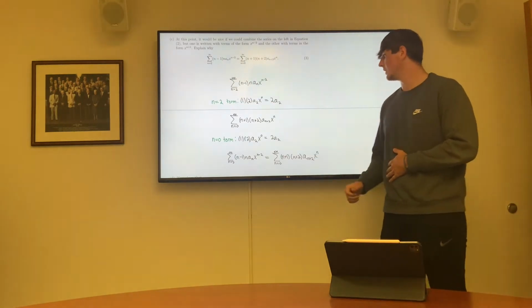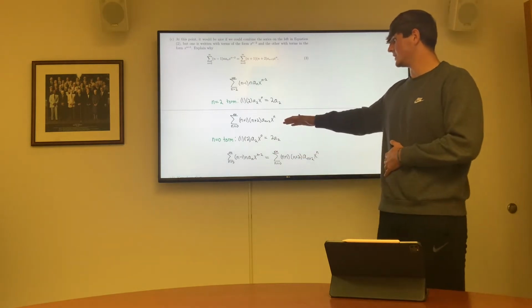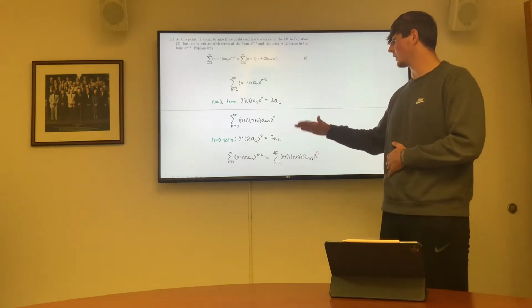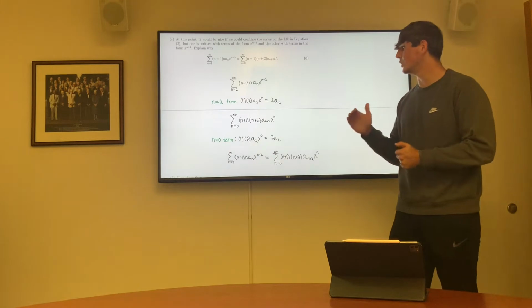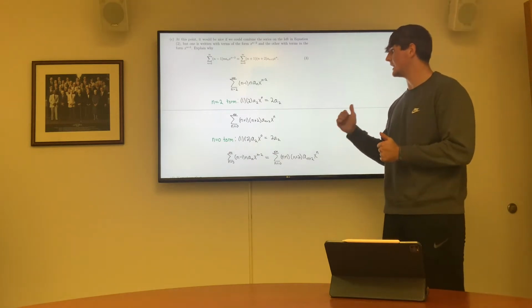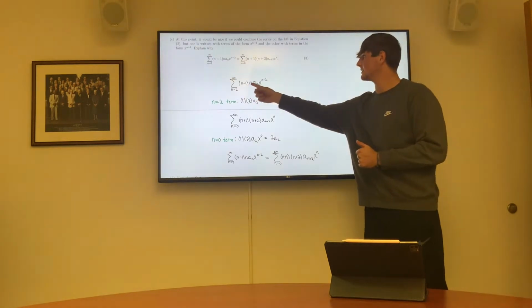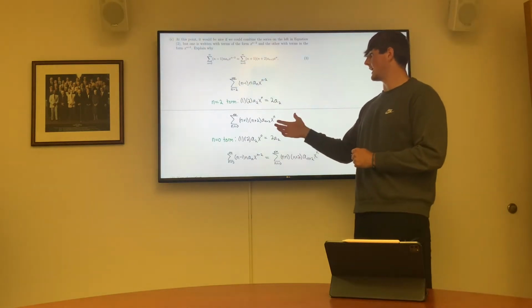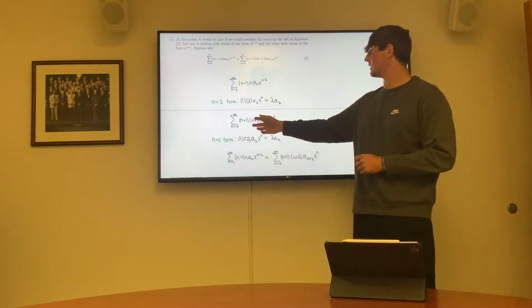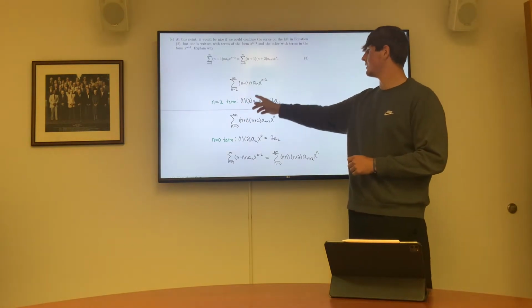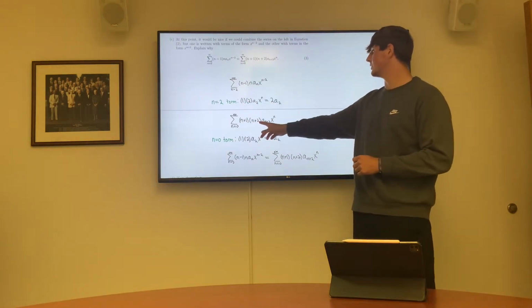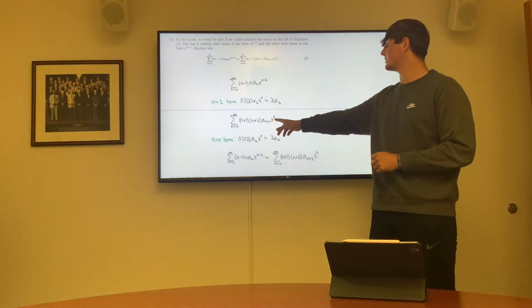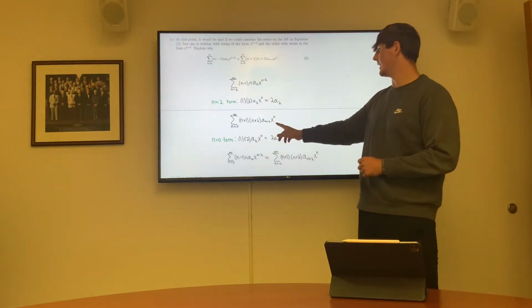In order to change this index, we're going to want to add 2 to every n in order to keep our n's at the same value each time. Adding 2 to each term gives us n plus 1 times n plus 2 times a_(n+2) x to the n.